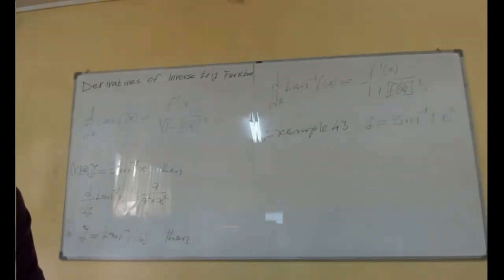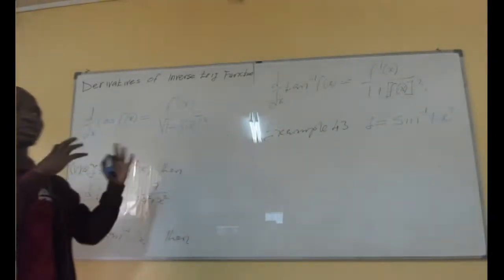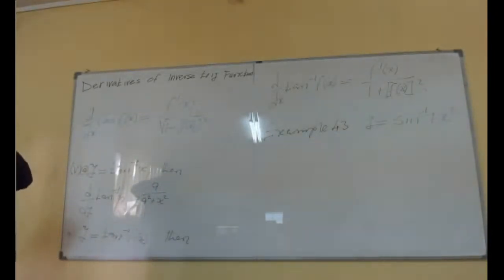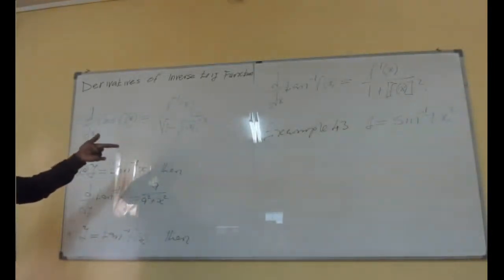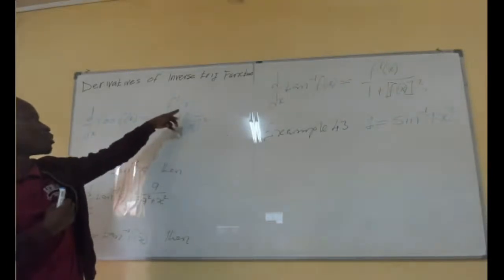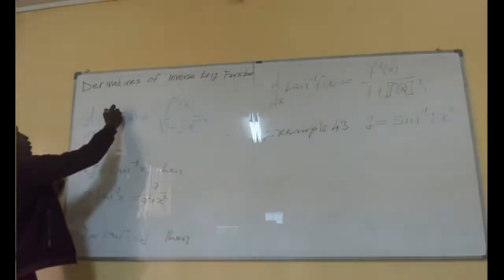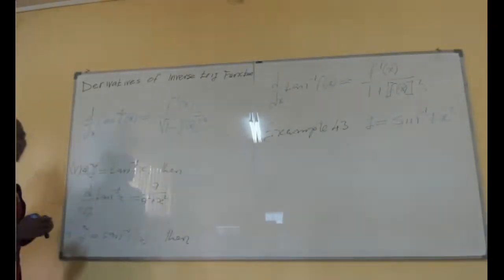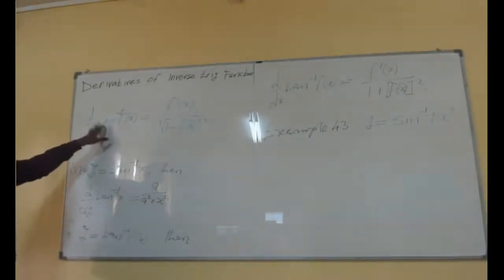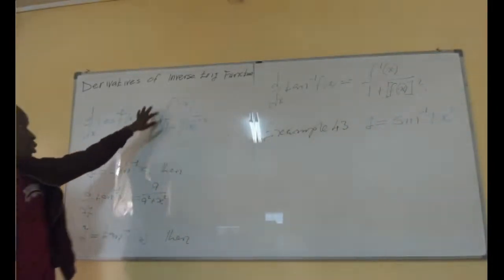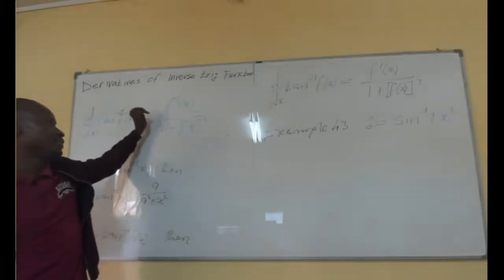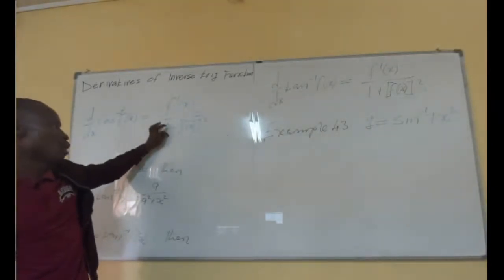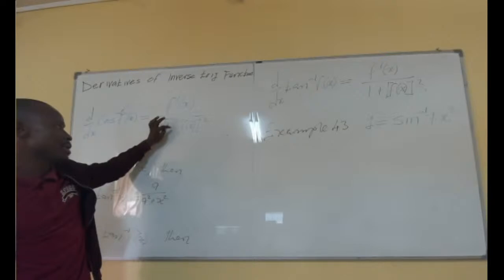The formula says the derivative of sine inverse of f of x is equal to the derivative of f of x divided by the square root of 1 minus the square of f of x.